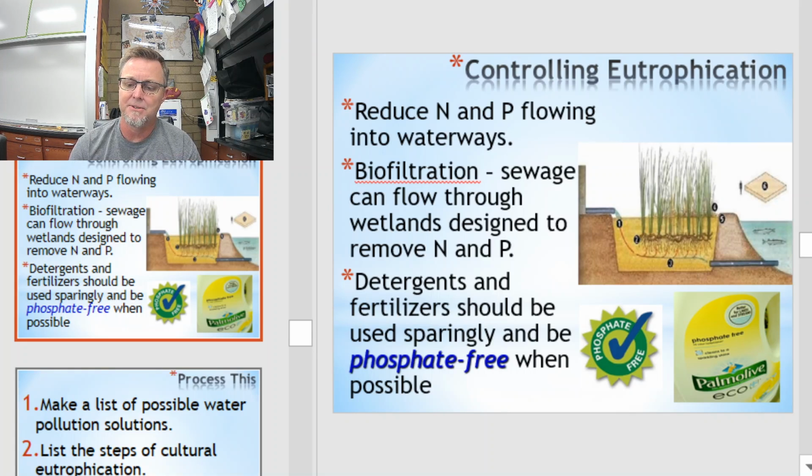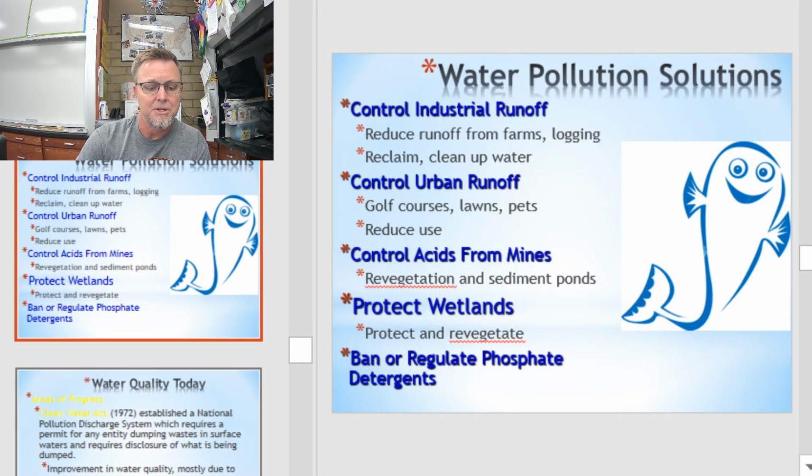Detergents and fertilizers can be used sparingly, or we can opt to use phosphate-free varieties. So there's lots of things that we can do: control industrial runoff, control urban runoff, control acids from mines, protect our wetlands, ban and regulate phosphate detergents. These are all things that are easily managed and steps that we can all take to protect our water.